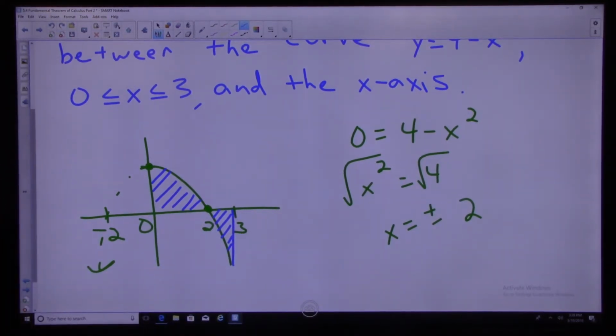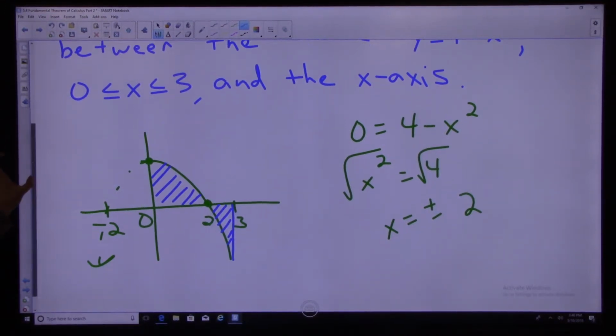So what I want you to do is think about, well, how could we do this? How could we figure out the area between the curve and the x-axis? Think about it a little bit. Anybody can answer at any time. I'm going to pretend like you guys said the right answer. We could divide this into subintervals.